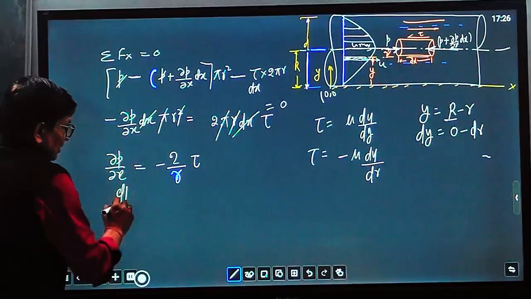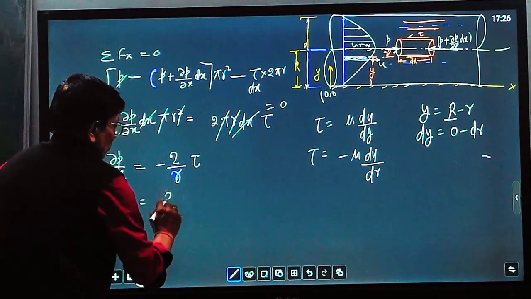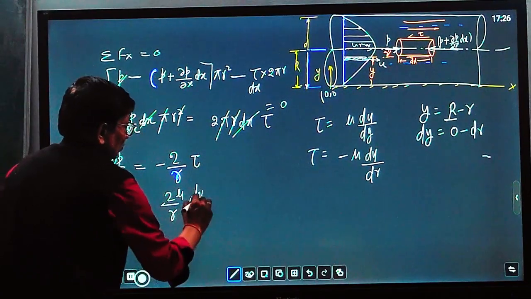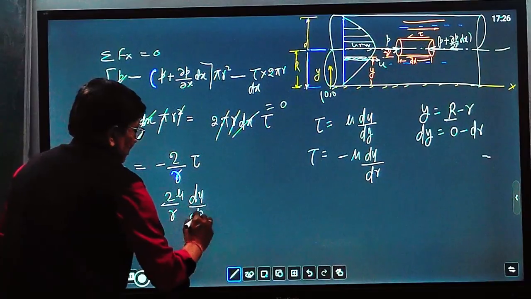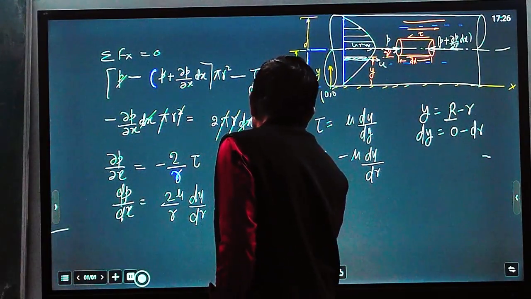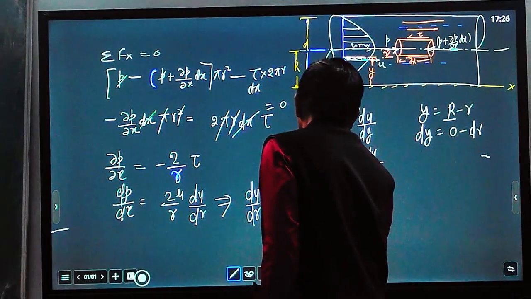You can write dp over dx equals 2 mu upon r du by dr. So we can further write du over dr equals r upon 2 mu dp by dx.